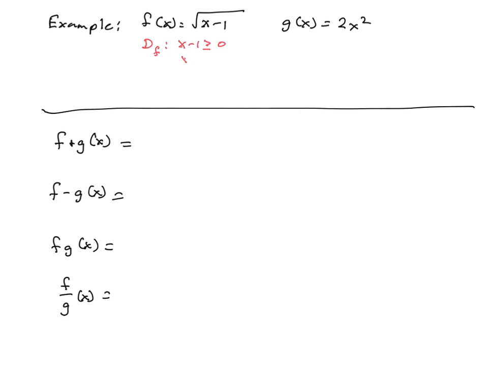That happens when x is greater than or equal to 1, or in interval notation, the interval from 1 to infinity. The domain of g, on the other hand, is just a polynomial.